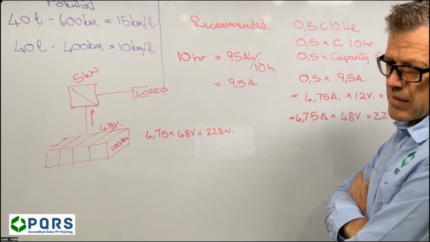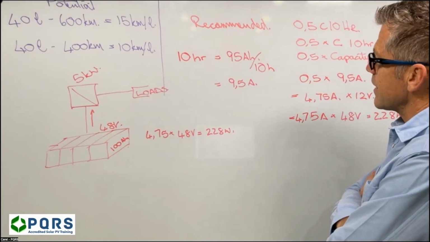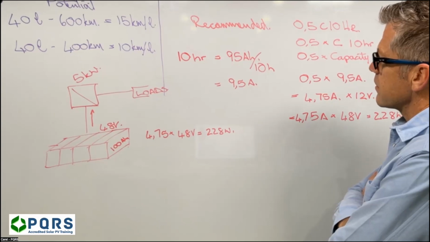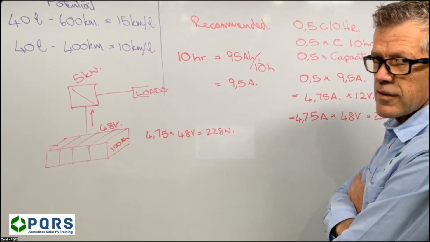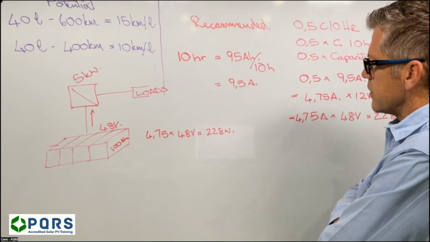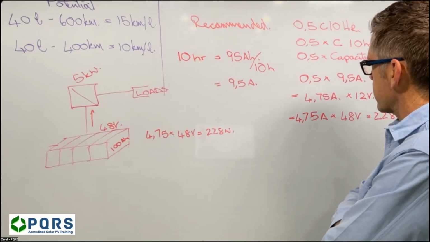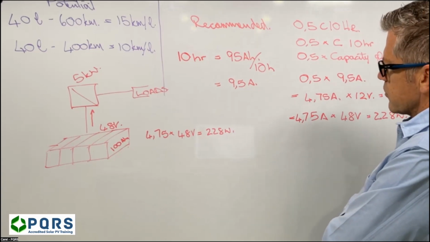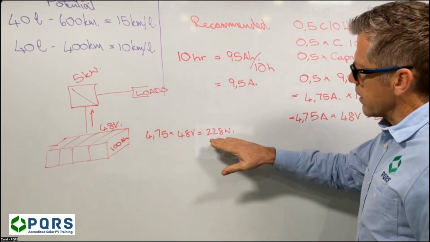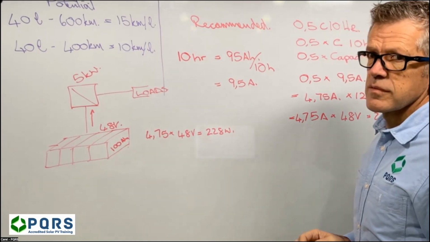It'll last 10 hours because we use the C10 rating, but we can't discharge down to 0%. So we've got to leave 50% depth of discharge. So we'd be able to discharge at that rate for 5 hours.